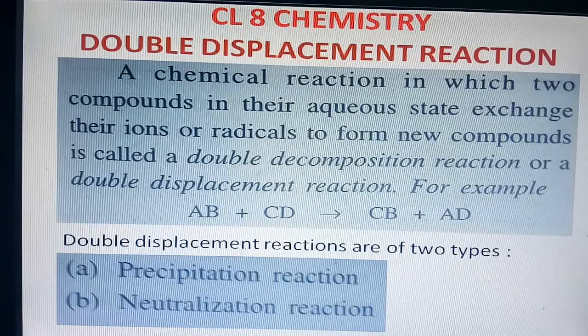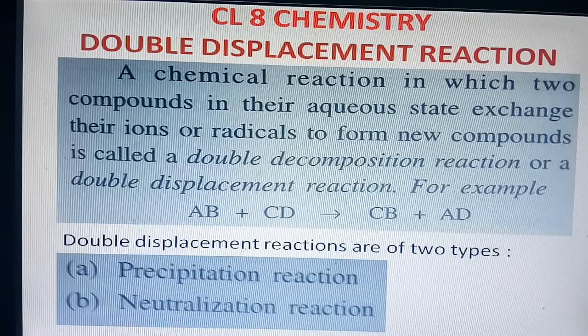If it is a single atom, then exchange of ions takes place. If it is a group of atoms, then exchange of radicals takes place, and this reaction is called double decomposition reaction as well as double displacement reaction.